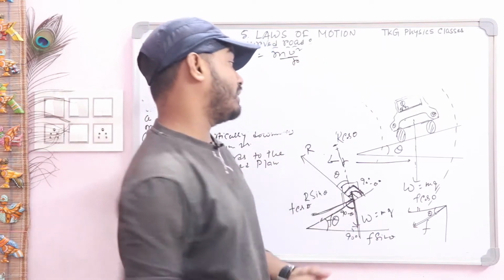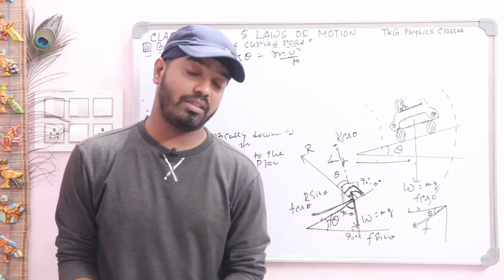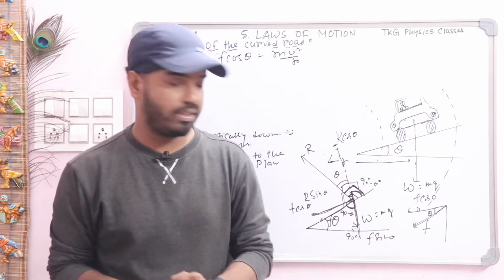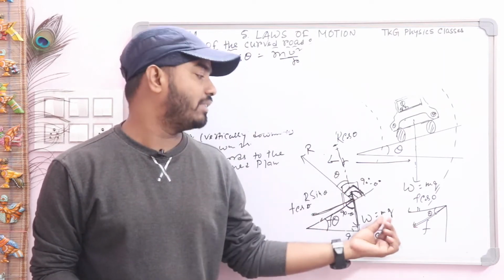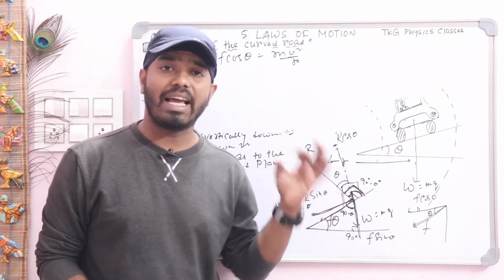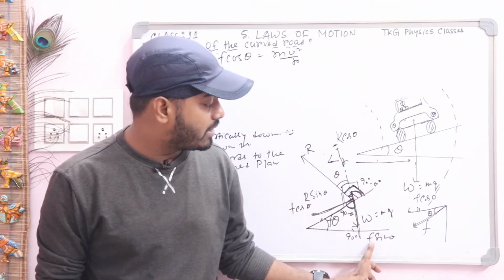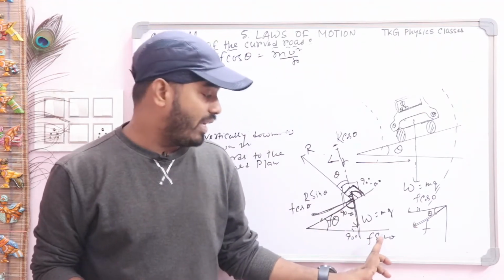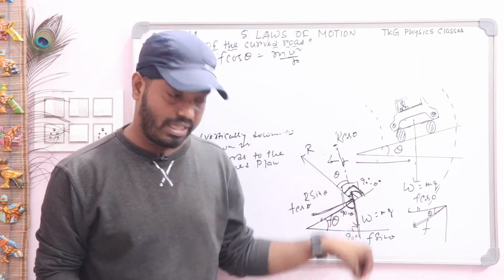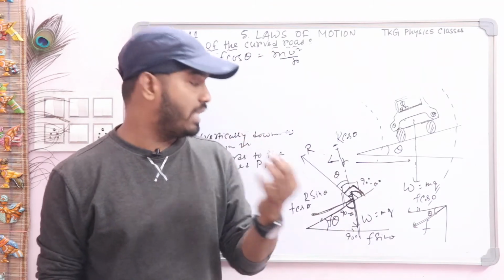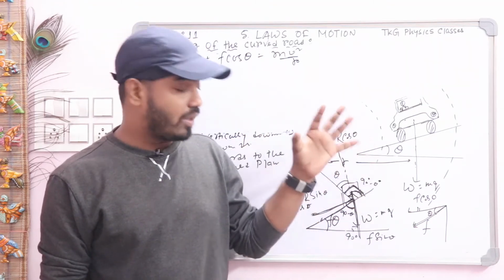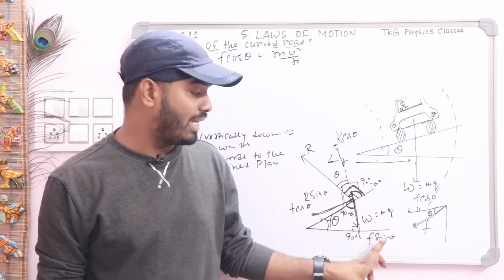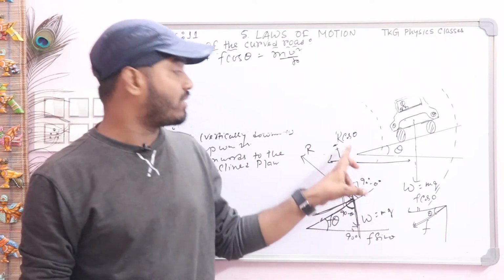This is our equation 1. Now check another thing: the weight is balanced by which forces? Weight mg is directed downward, and there is another downward force, f sin theta, and the upward force is R cos theta. So mg plus f sin theta equals R cos theta.